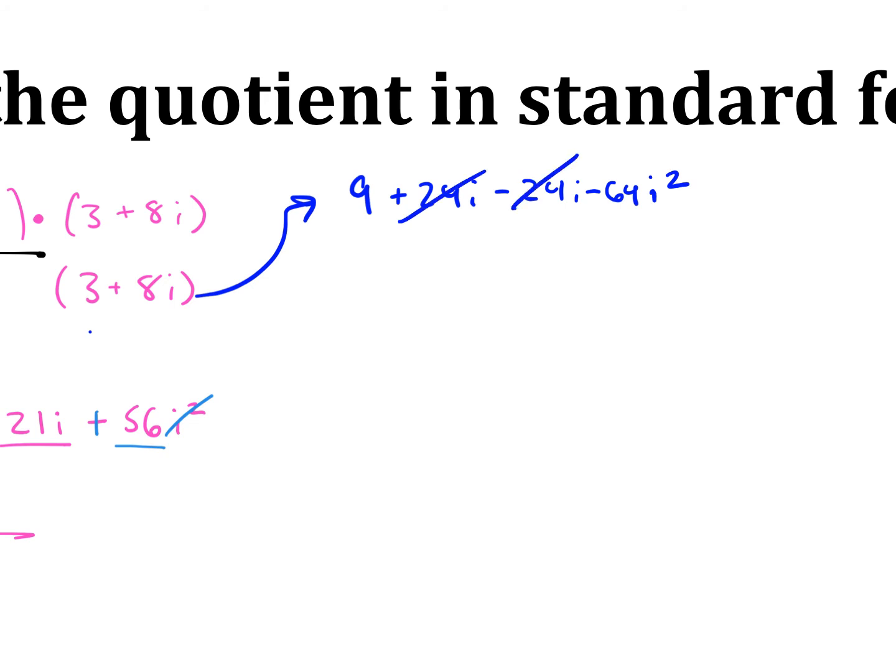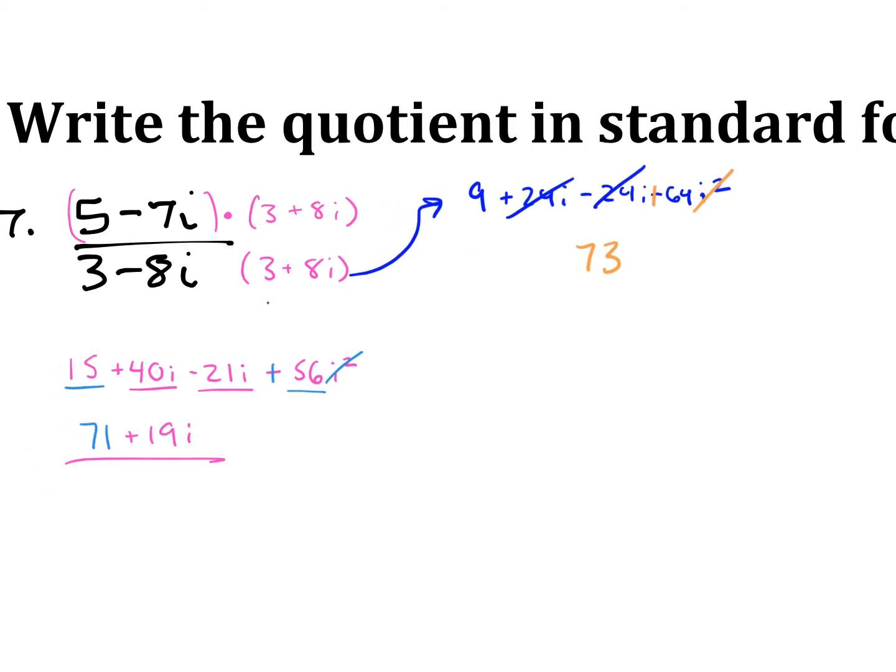What does my i squared turn into? Negative 1. So this becomes a plus 64. So what's 9 plus 64? 73. So the bottom, when I FOIL it out, I get 73. And that's my answer.